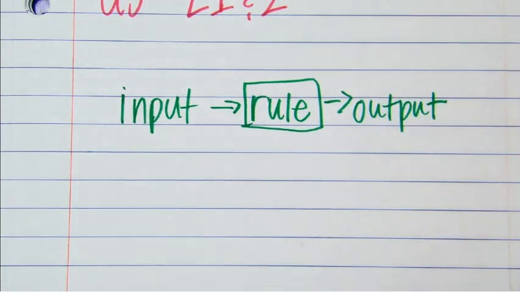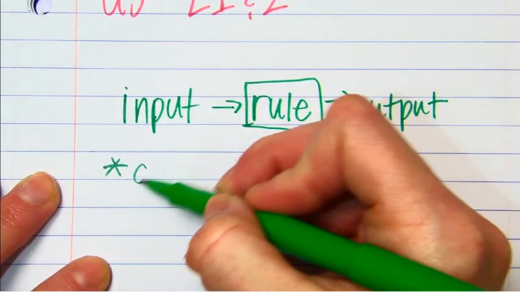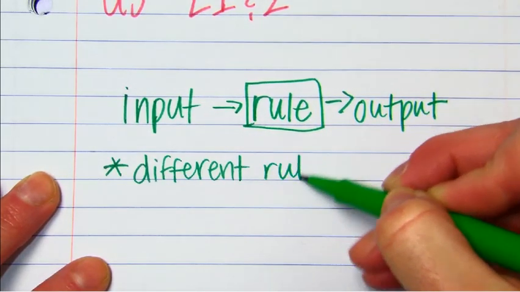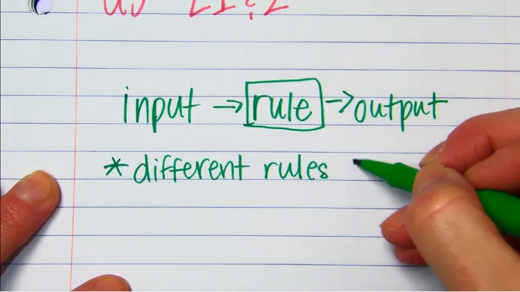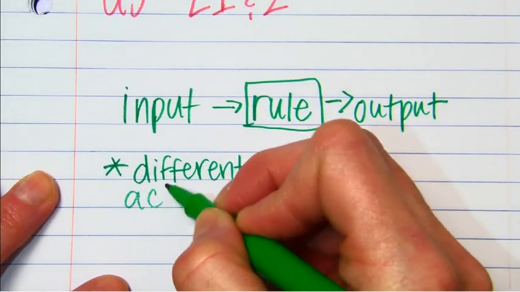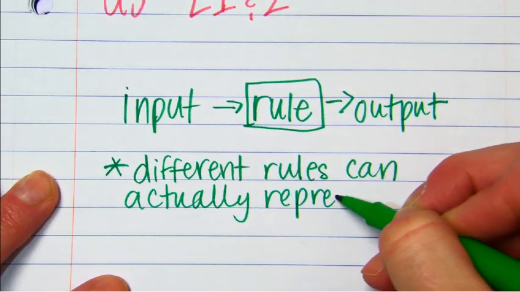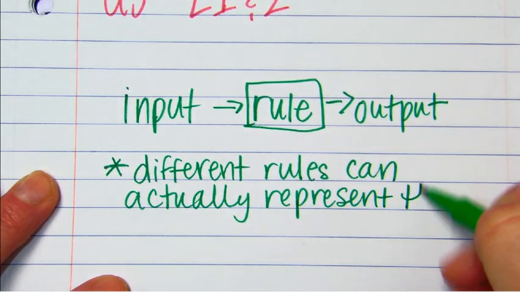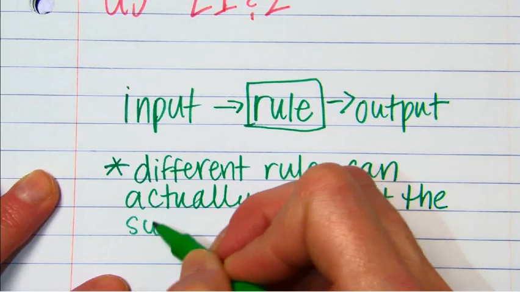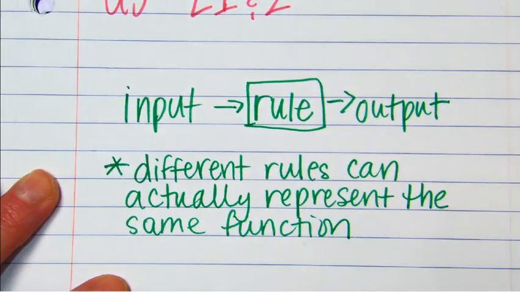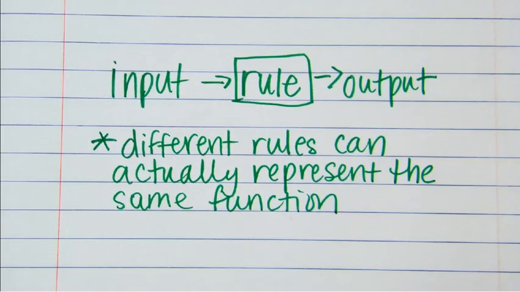Okay, so we do know that we take an input, apply a rule, get an output, right? We learned today that different rules can actually represent the same function. So we just saw that different rules can actually represent the same function.